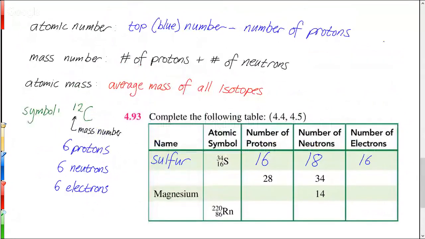There we go. So remember, we're getting the number of protons from the atomic number, the number of neutrons from the mass number, and then the number of electrons are going to be the same as the number of protons.